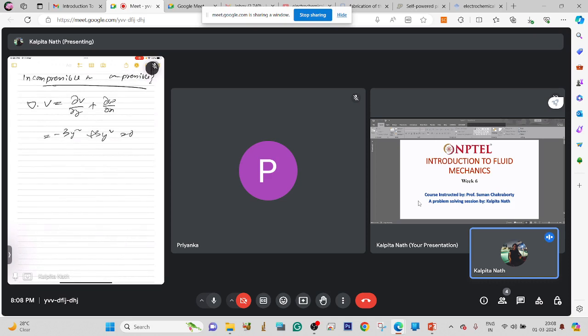Now the next thing is, if this flow field is possible, find psi, that means the stream function. So tell me, what will be the stream function?